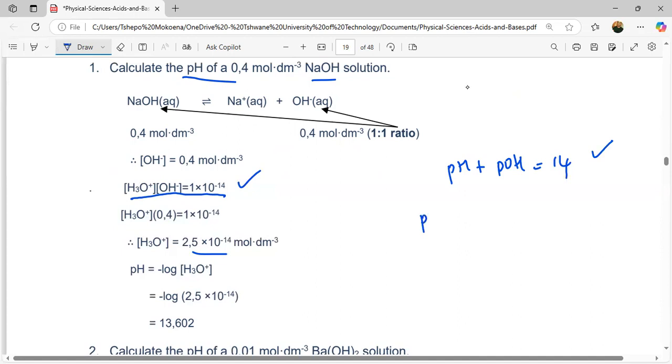You're going to say pH is equal to negative log... what am I looking for? Sorry, pOH, you calculate pOH, not pH, because you're looking for base.